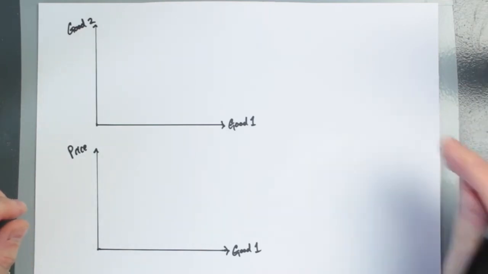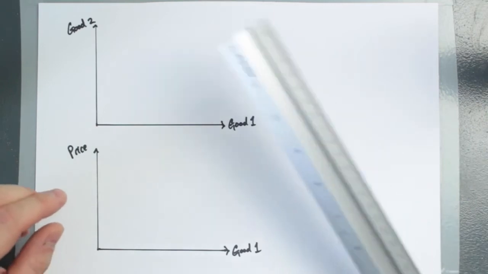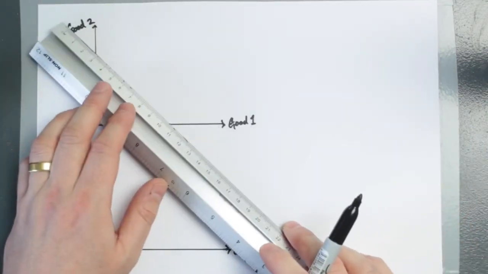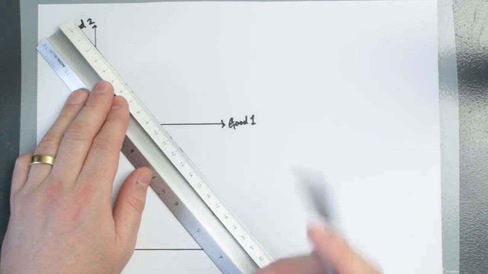So let's start by just recapping very quickly the construction of uncompensated Marshallian demand.